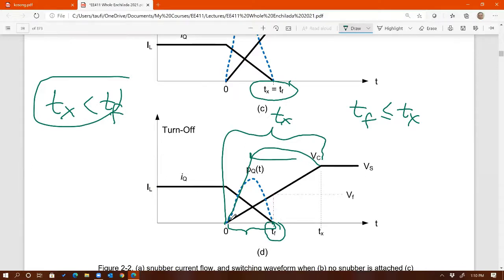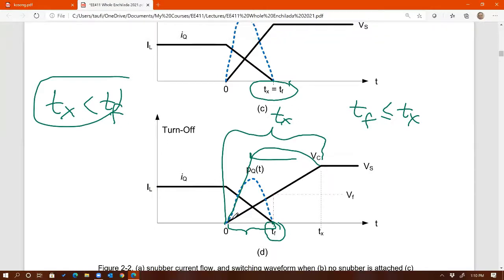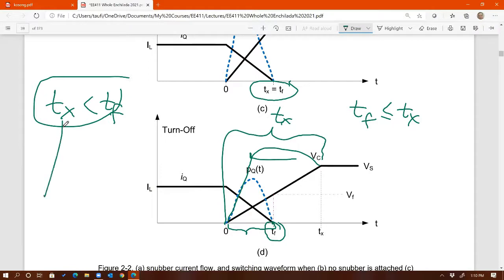So one good criterion to use to quantify how to minimize overlap is by using these two times. To minimize the overlap, let's target our TF to be less than or equal to TX.